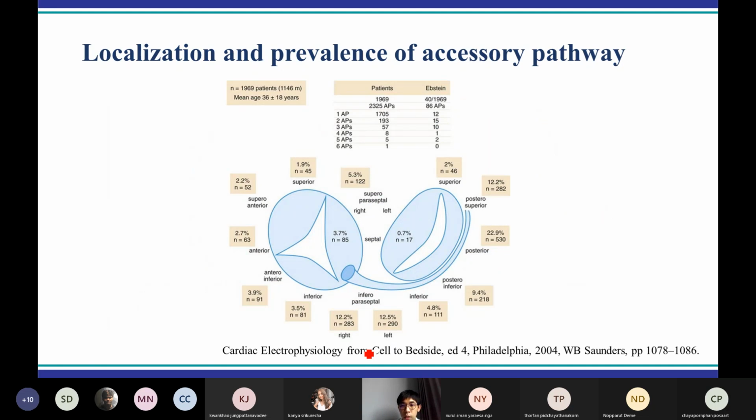This is the location of the pathway, which I have talked about before. If you divide it in the new nomenclature, you can see that the most common one is the left posterior pathway, but usually we use the traditional nomenclature.